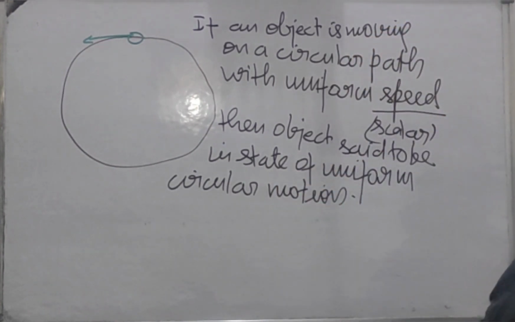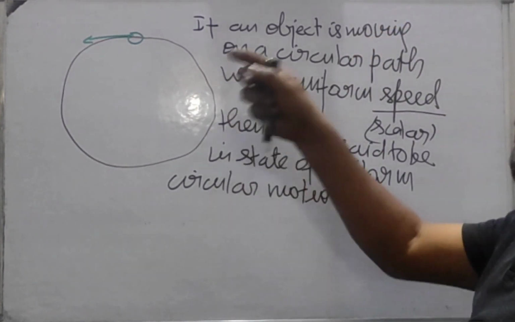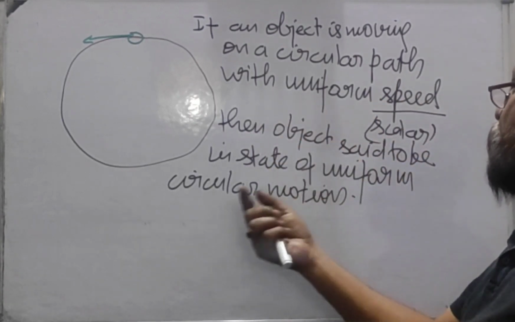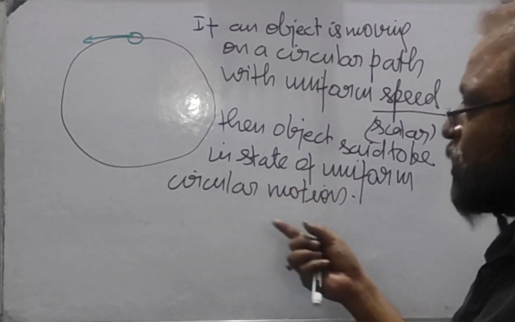Getting? If an object is moving on a circular path with uniform speed, then the object is said to be in a state of uniform circular motion.